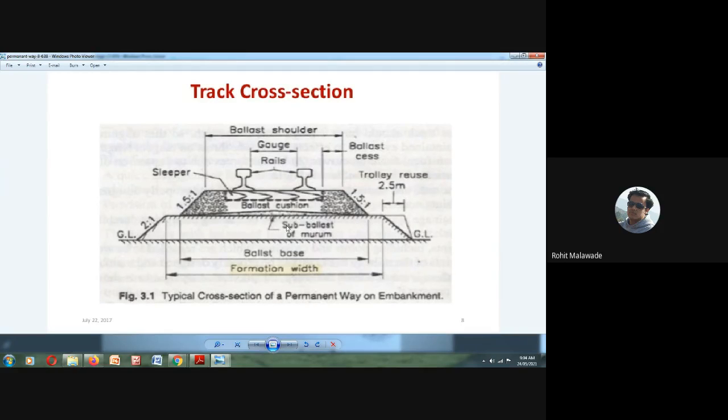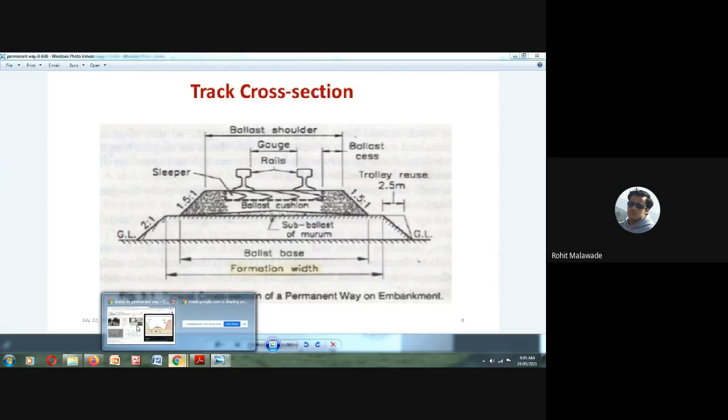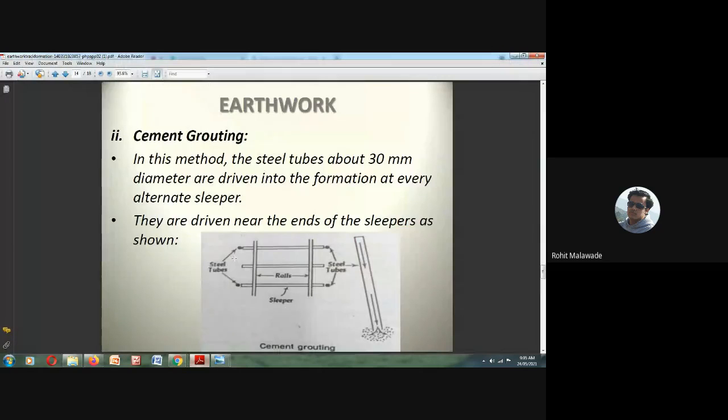It is going to stabilize the soil at the formation, if it is weaker. So this is one more method of soil stabilization.